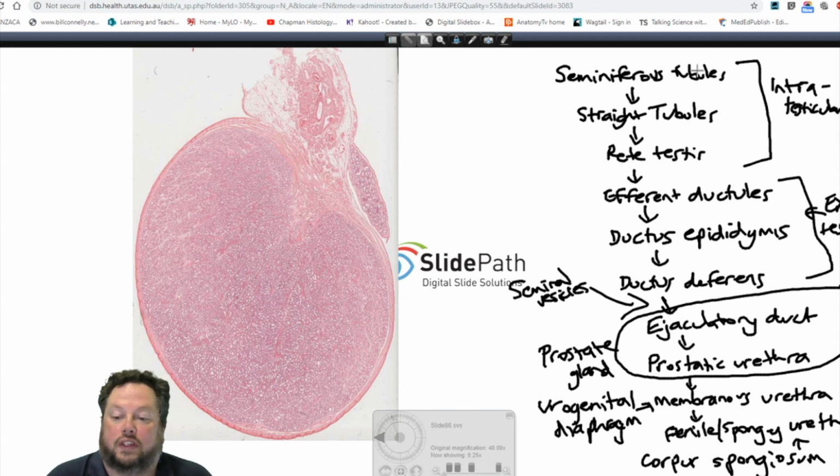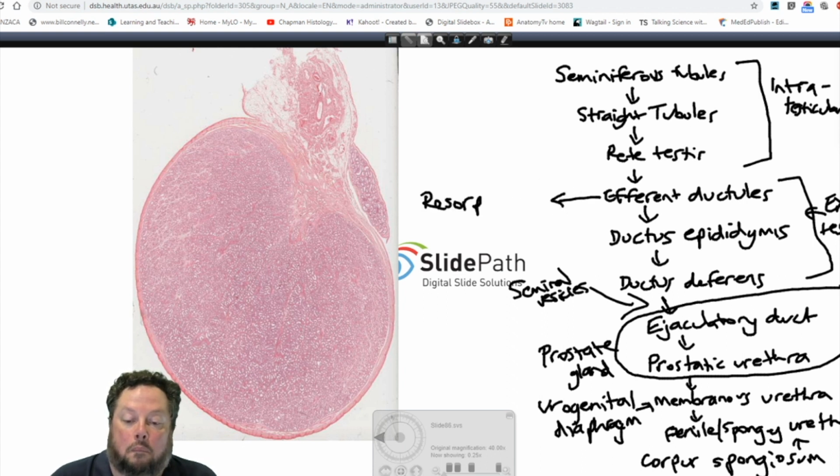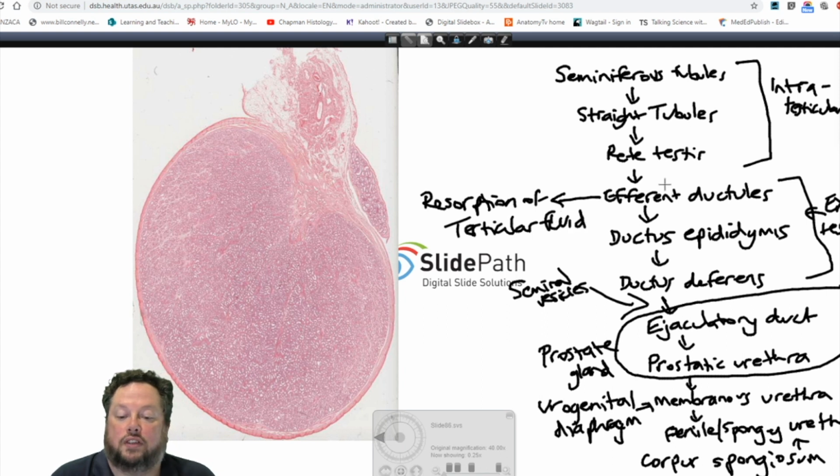So the important processes that take place: this is where spermatogenesis takes place. There's not a lot that happens in these regions. The efferent ductules are mainly responsible for resorption of testicular fluid, so most of the testicular fluid is resorbed by the efferent ductules.